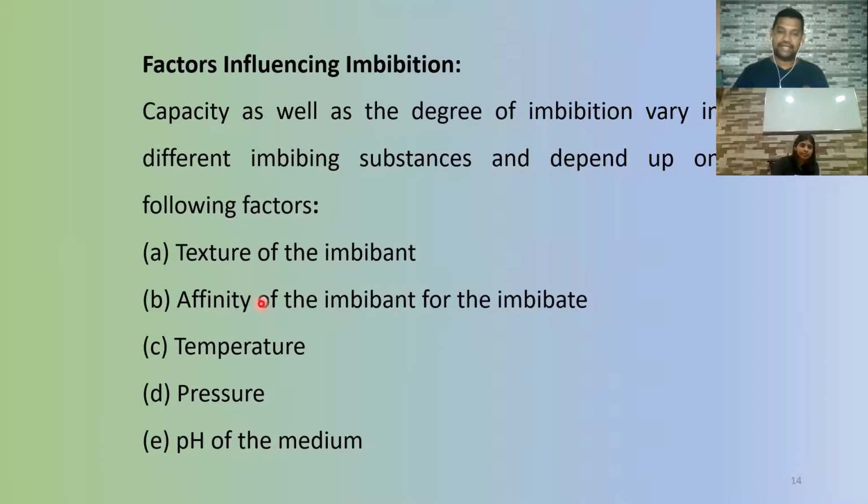Then the affinity of the imbibant for the imbibate, which depends upon the force of attraction between them. Temperature, as I said, increased temperature means more imbibition. Increased pressure, more imbibition, and also the pH. These are factors that influence how much imbibition can increase or decrease.